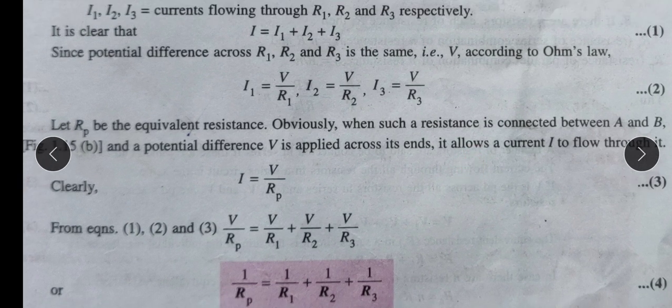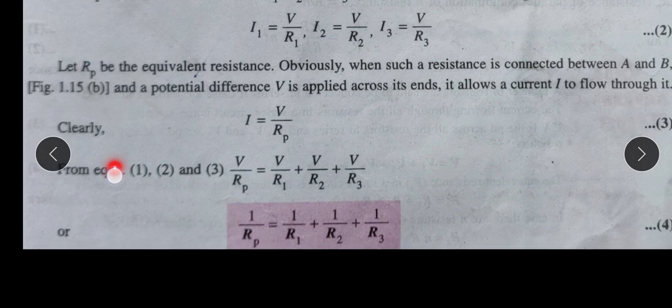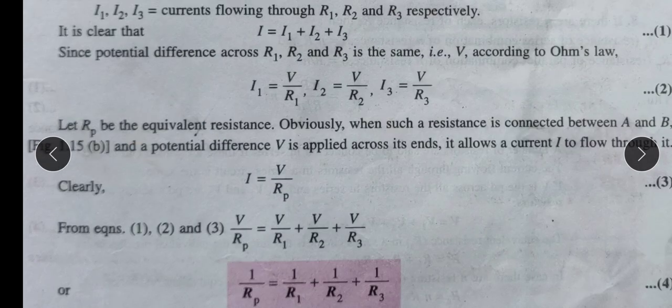Okay, so we cancel V, then we get 1 by Rp is equal to 1 by R1 plus 1 by R2 plus 1 by R3, where Rp is the total resistance. I repeat the final equation. 1 by Rp is equal to 1 by R1 plus 1 by R2 plus 1 by R3.